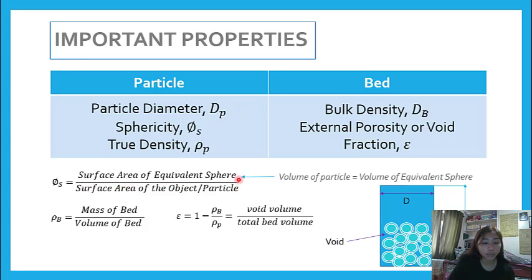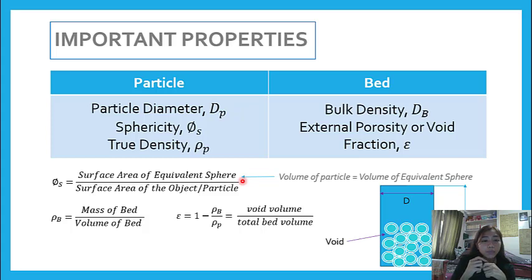So when we say equivalent sphere, let's take for example this object. If the object is moldable, and we mold it into a sphere, that is the equivalent sphere of that object.